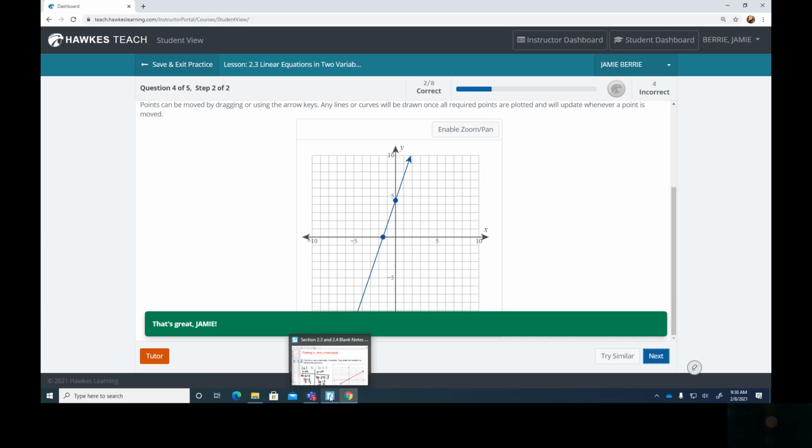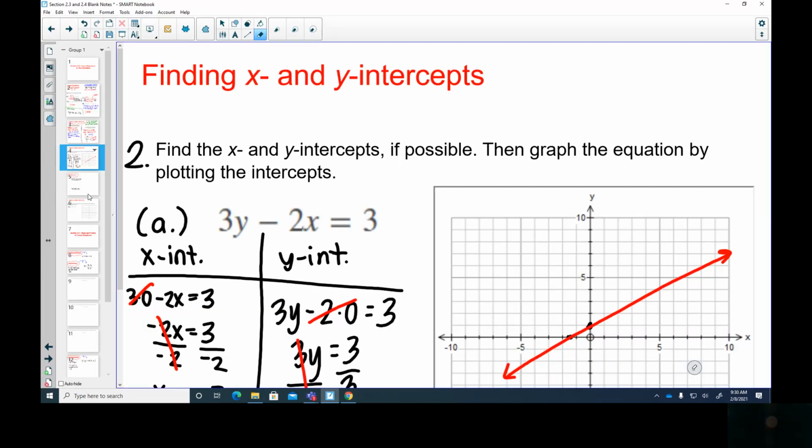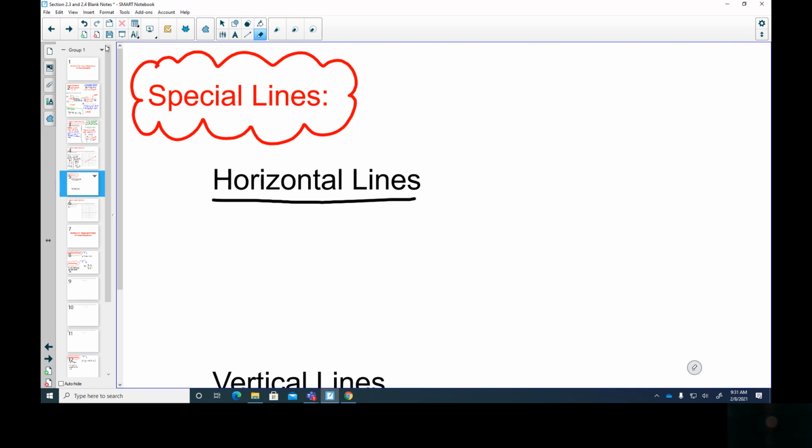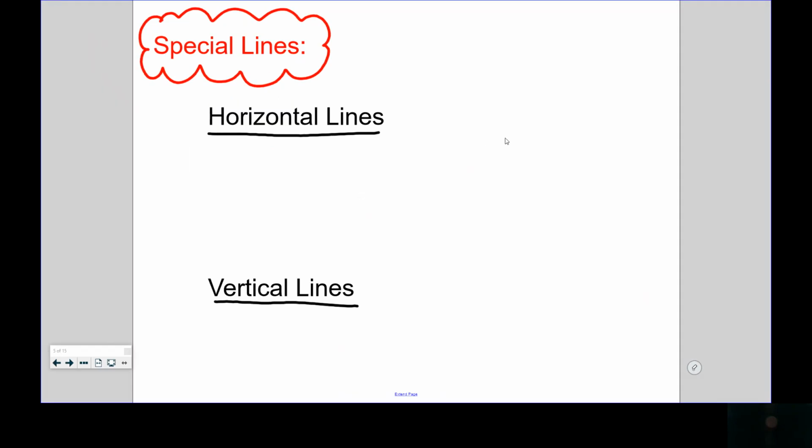Okay, let's talk about special lines, and then we'll do one example with special lines, and then we will be done. There's two types of special lines, horizontal lines and vertical lines. We're going to talk about the form that these problems will be presented in.